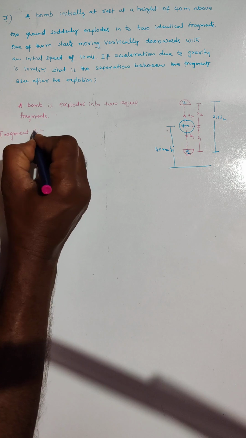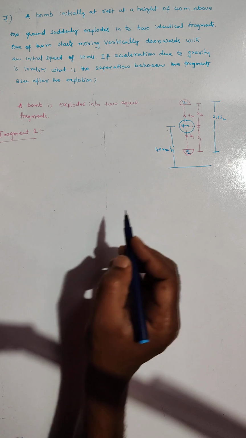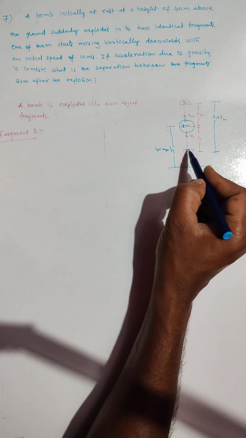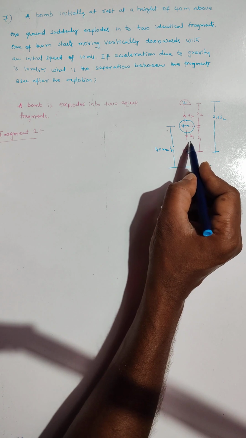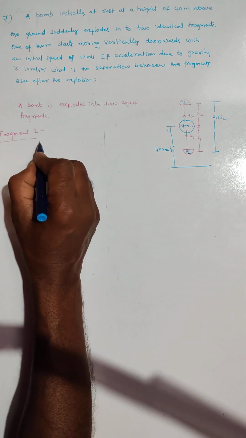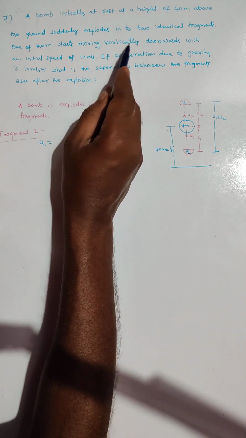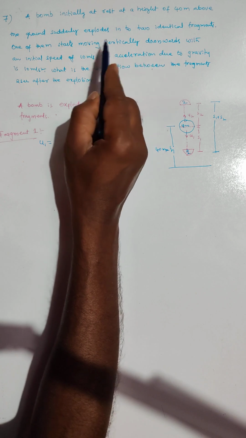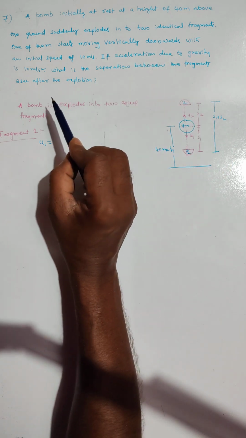Fragment 1 is moving with velocity u1, which is already given: it is moving downward with 10 meters per second.